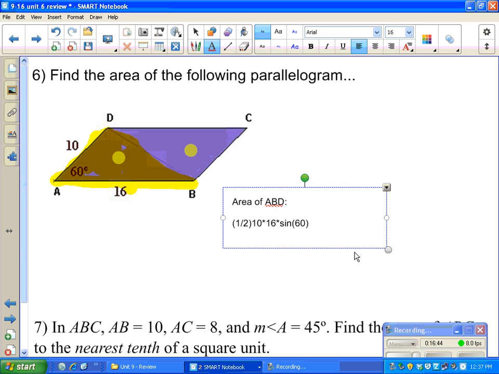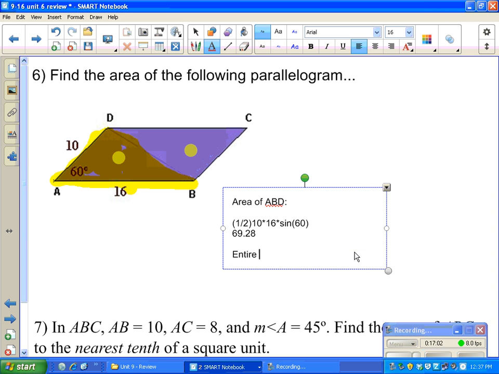So let me get you that value. I'm doing sine of 60, and then times 0.5, that's 1/2, times 10, times 16, and that comes to 69.28.